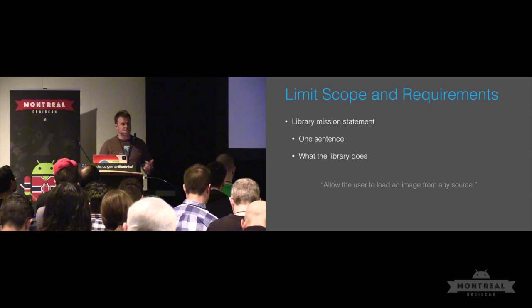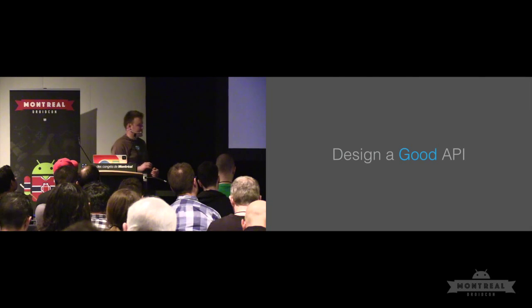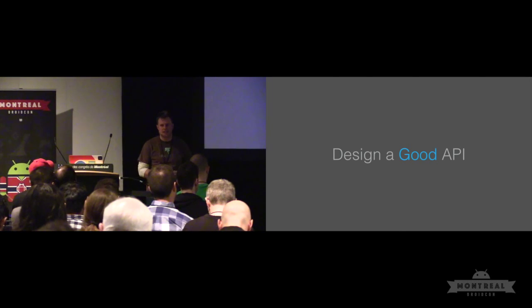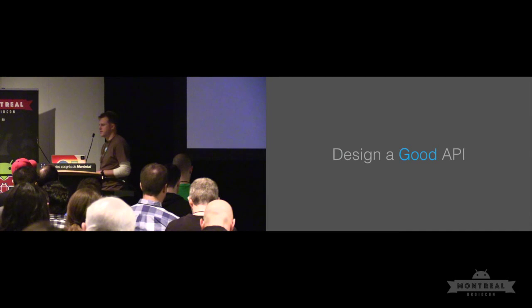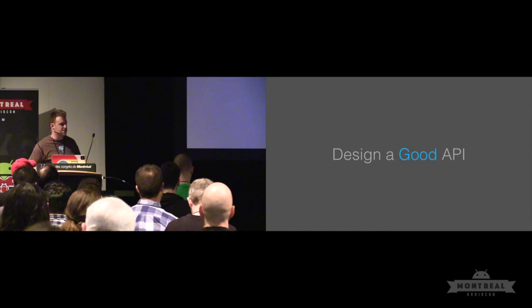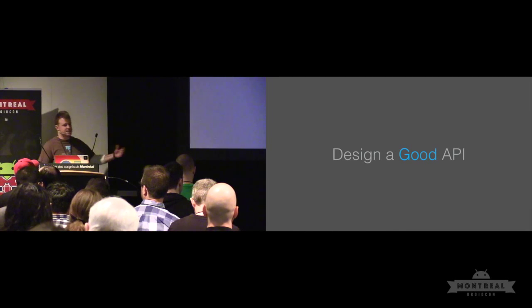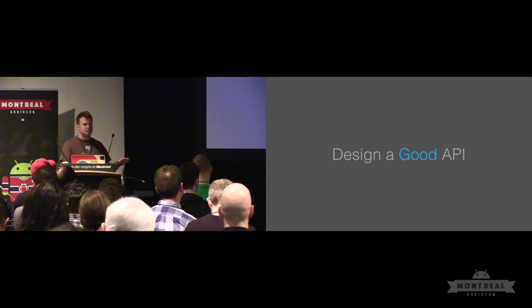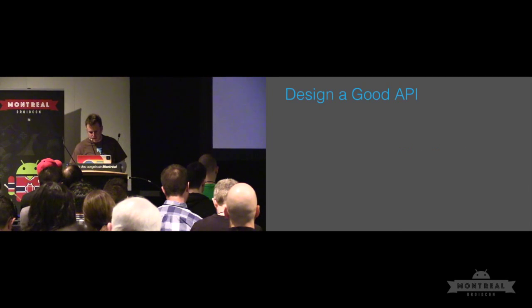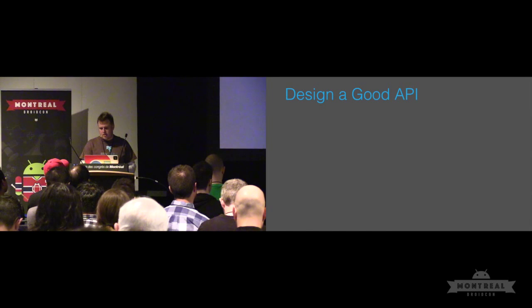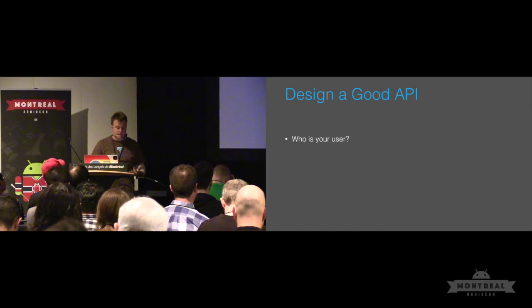The next step, and this is my favorite, is to design a good API. The value of a library is that people use it and reuse it, and it makes your life easier. If it doesn't have a good API, none of that is true. So the first thing when you're designing an API is you need to think about who you're designing for.